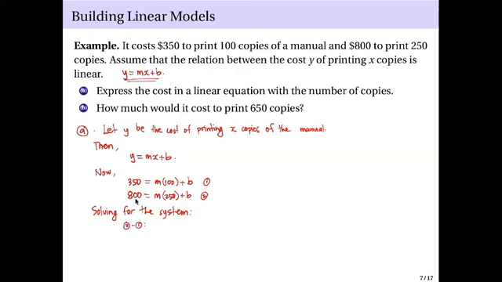If we do that, we have 800 minus 350, that's 450. Then here you have 250m minus 100m, that's 150m. And then b minus b, that's just 0. So from this equation, we will have m equals 450 over 150, and this is equal to 3.